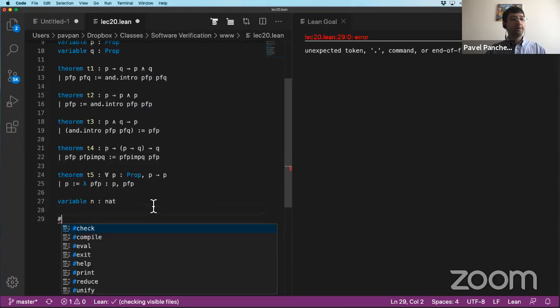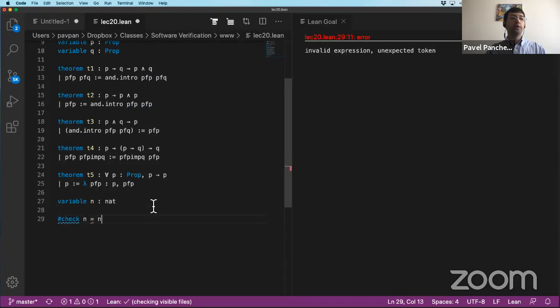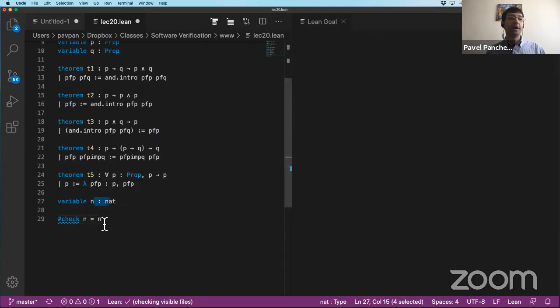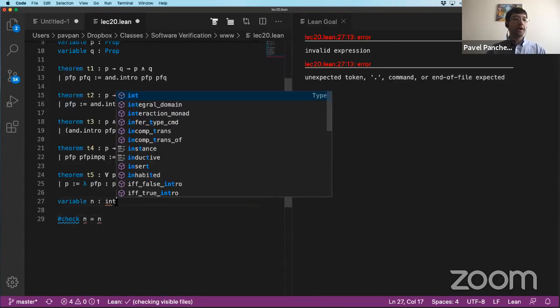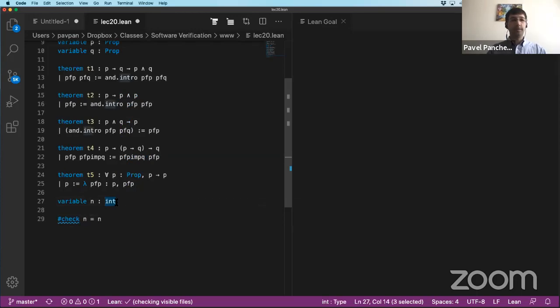In that case, n equals n is a proposition. And what I've written here with the hash check, that just means Lean, show me the type of this expression. So you can see that if we have a natural number n, or in fact an integer n, or anything else, let's keep it a natural number for now, then n equals n is a proposition we can write down.